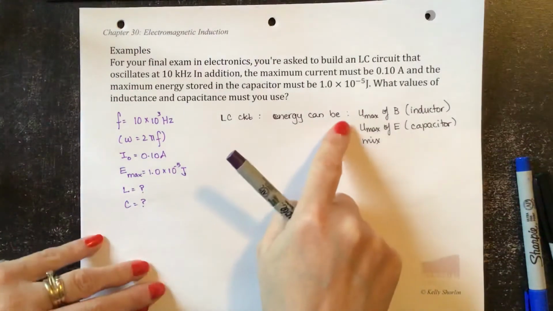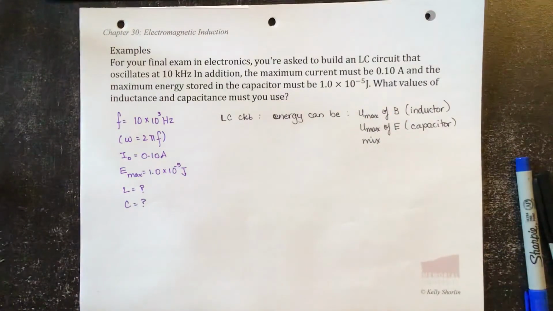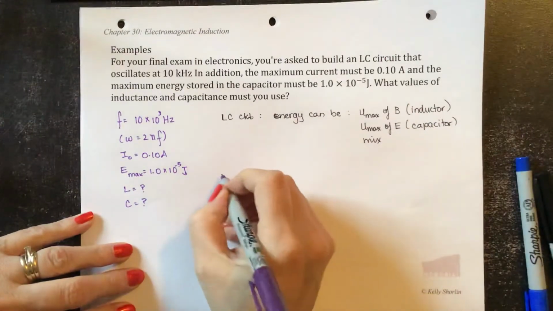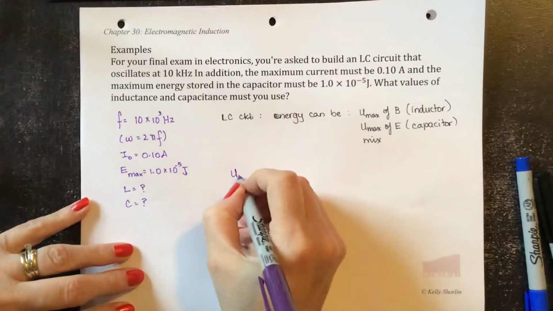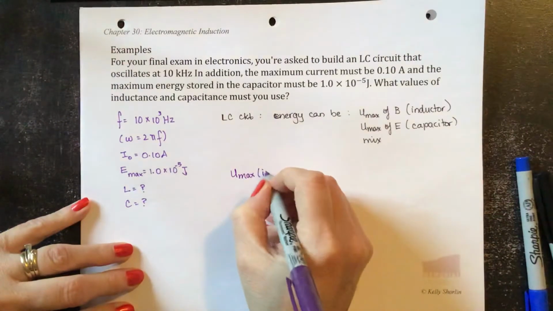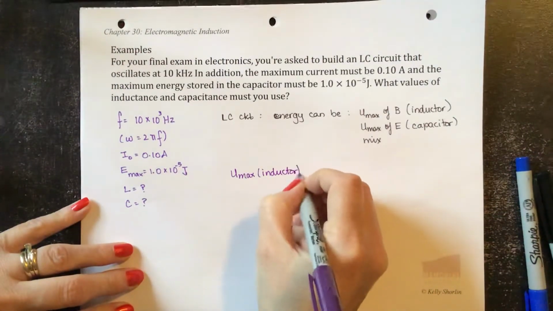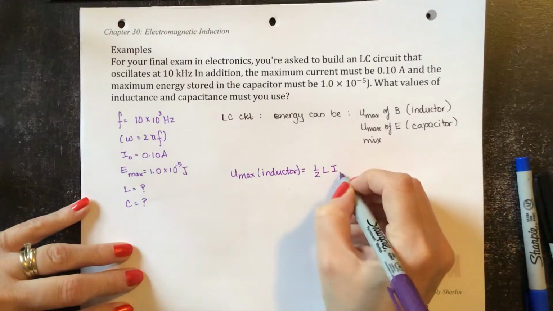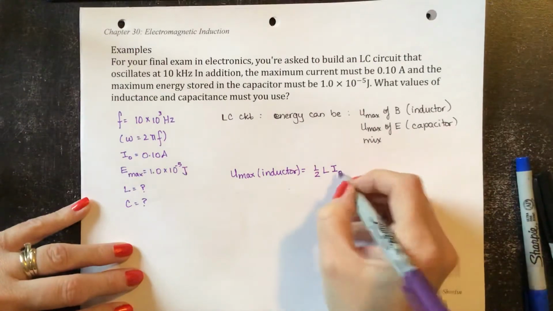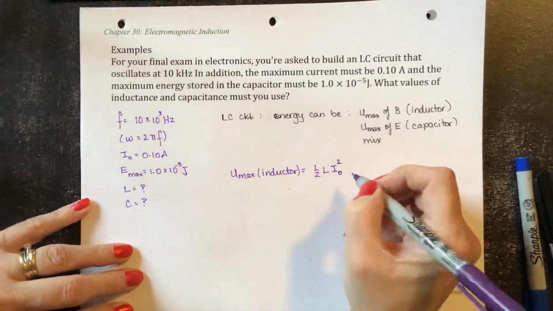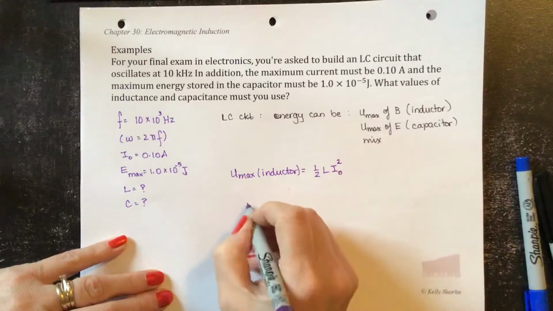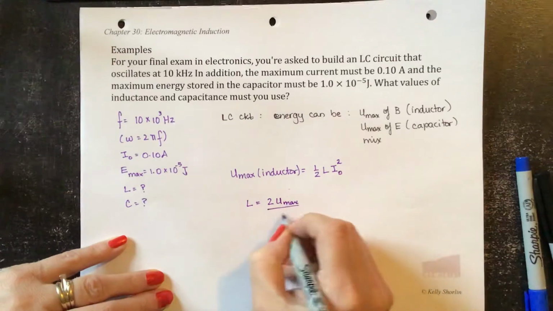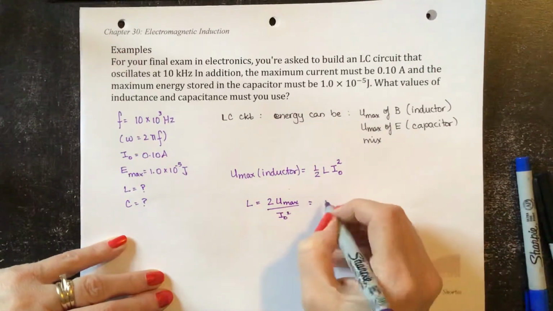So let's start by thinking about the maximum energy stored in the inductor. U max of the inductor is given by 1/2 L times the maximum current squared, and our maximum current has a symbol of I0. That means our inductance is 2 times U maximum divided by I0 squared.